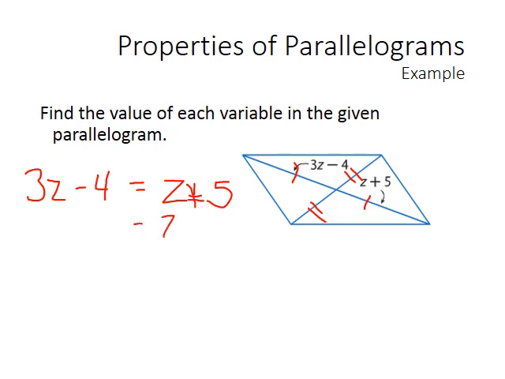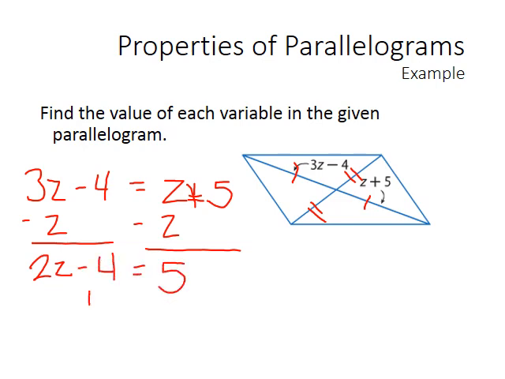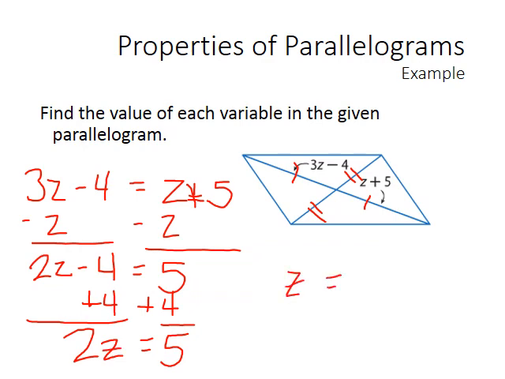Alright, let's solve for z. Combine all our like terms, and isolate that variable. 2z equals 5, divide both sides by 2, and z equals 5 over 2, or 2.5.